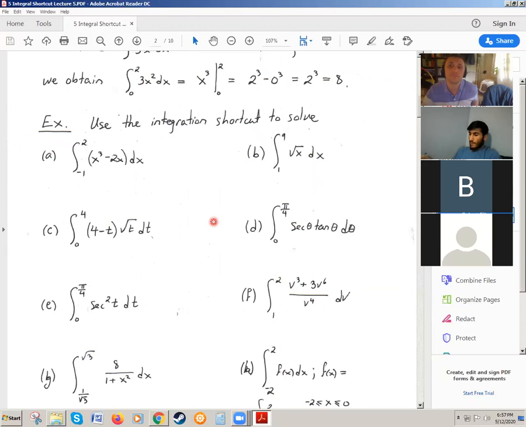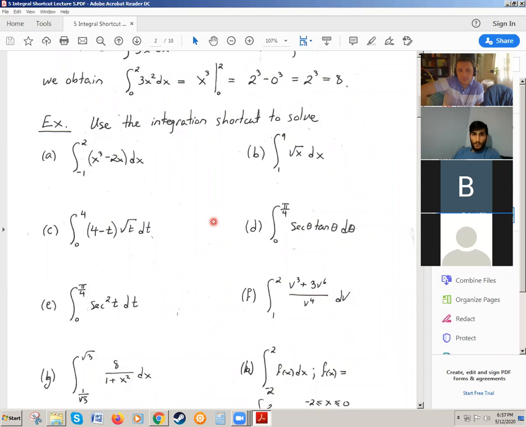For the shortcut I got 1 over 4 x to the 4th minus x squared. Yes, correct. Then for the next part you plug 2 into the expression, so you get 1 over 4 times 2 to the 4th minus 2 squared.